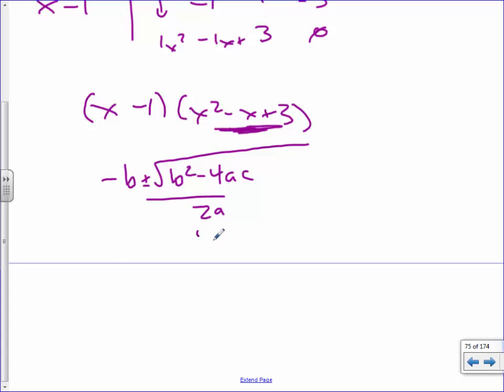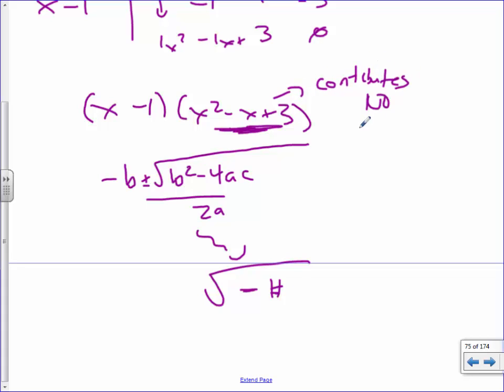So if you've gotten a little ahead of me here, it looks like you get a negative under the square root sign. That just means that there is no answer. This stuff right here contributes no roots. However, does this graph still have a root? Yeah, it still has the root of 1.